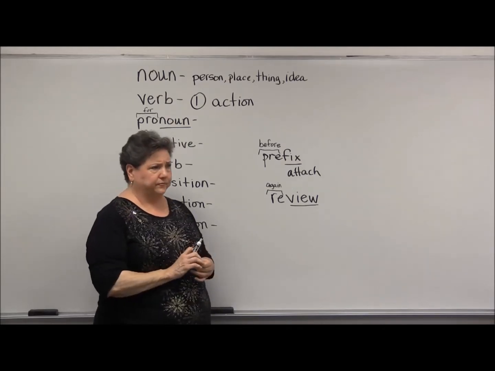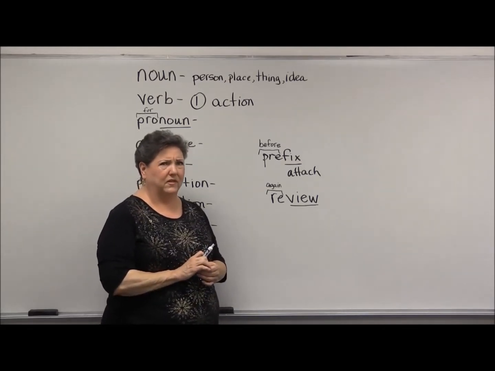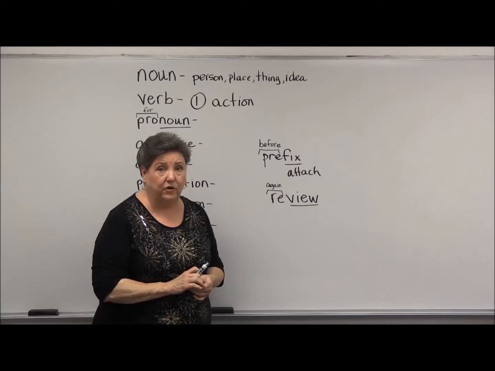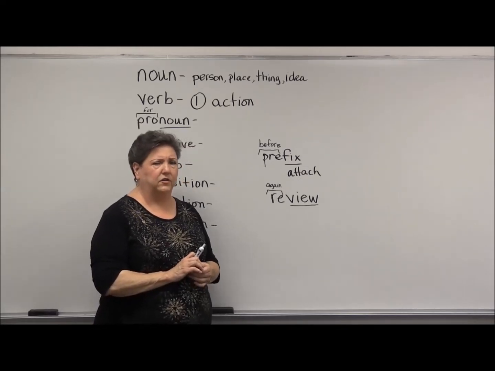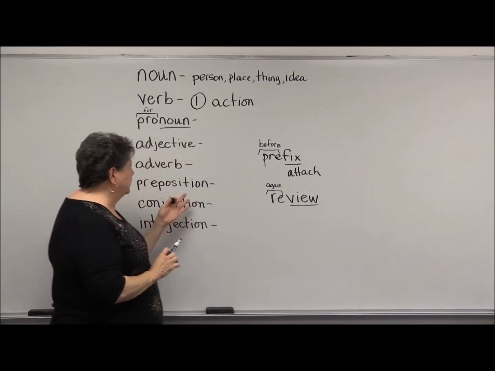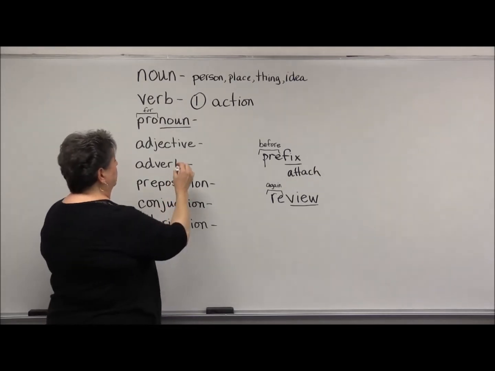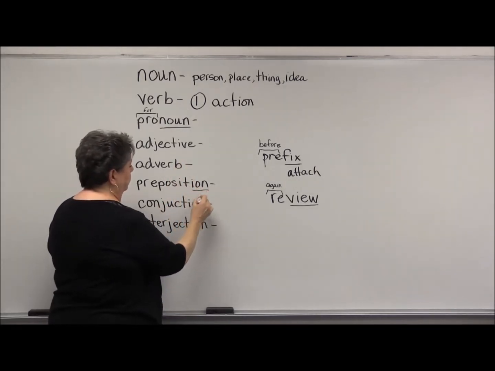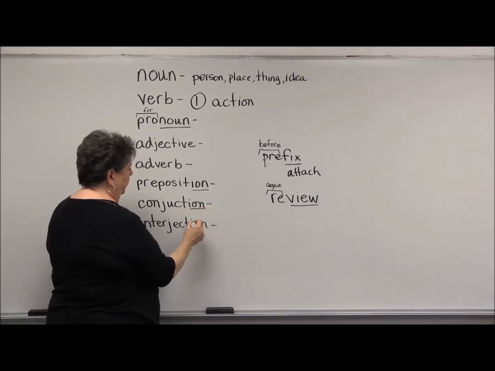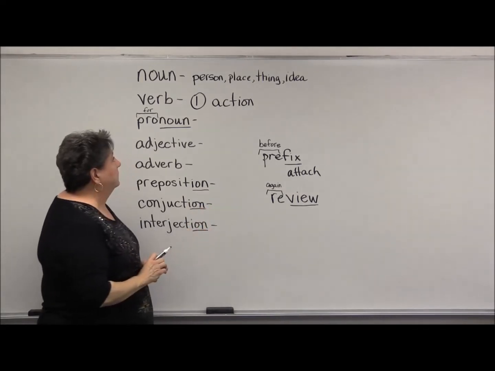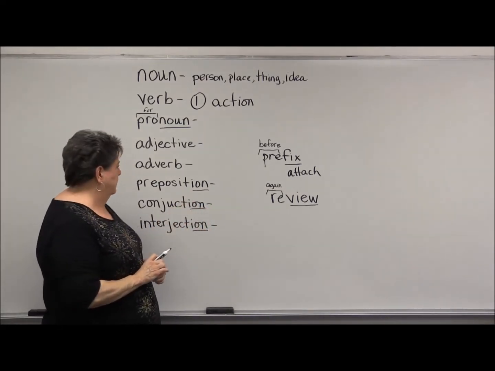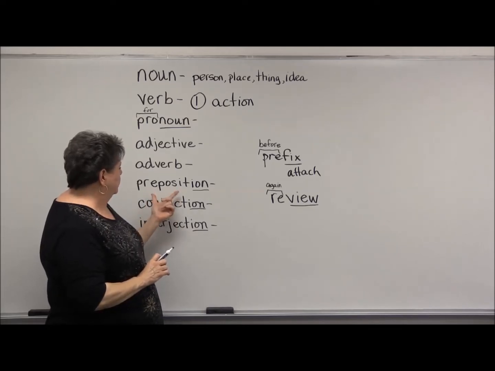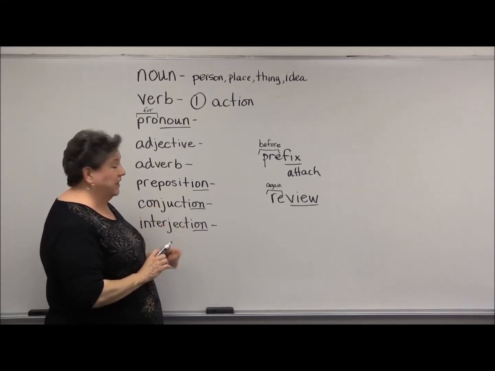But wait a minute. What about the pieces we put on the ends of words? Can you think of one? Well, we have some right here. Do you see this right here? Those are endings. Prepose, conjunct, interject.